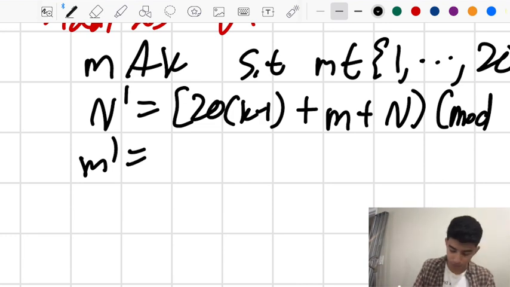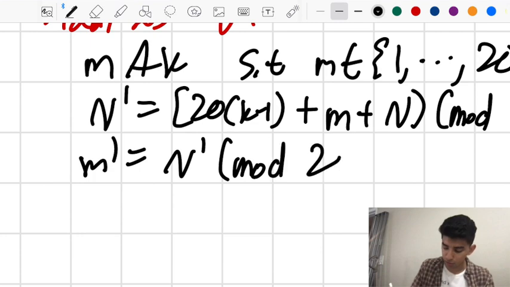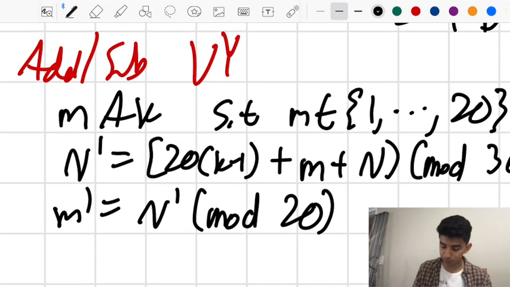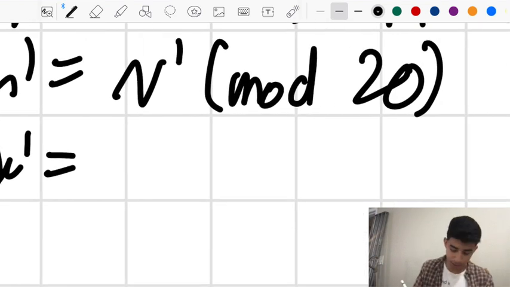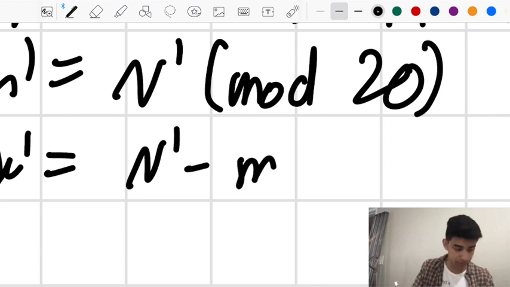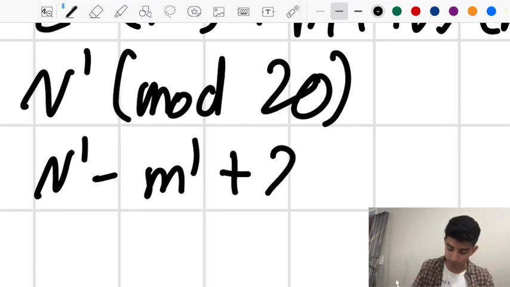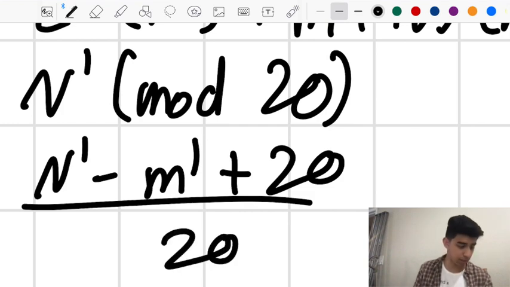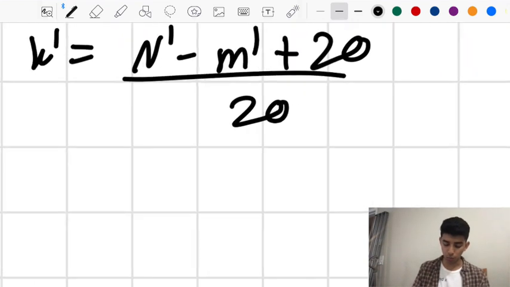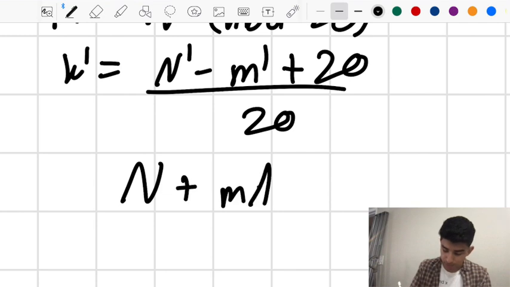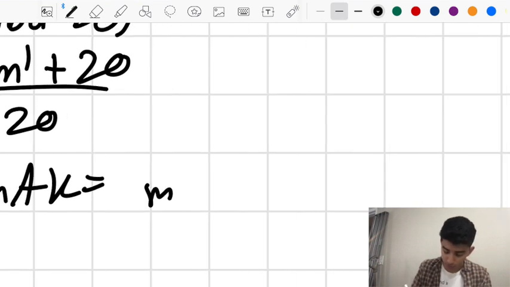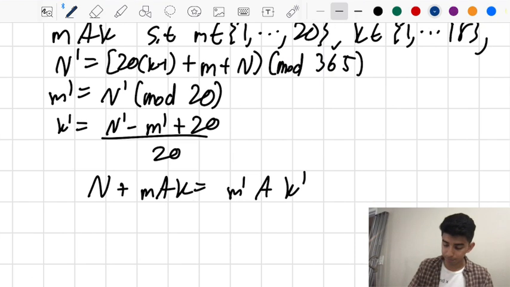M prime is going to be N prime, what we just found before, mod 20, to know in which day of the month it falls into, and K prime is N prime minus M prime plus 20, all divided by 20, and this will be used to find which month it falls into, which we can then use so that N plus MAK will equal just what we found, M prime, K prime.